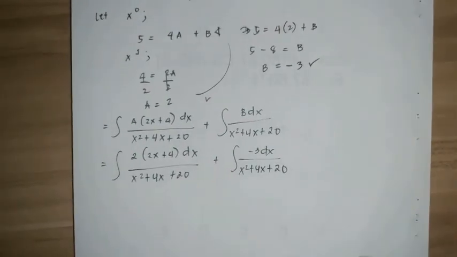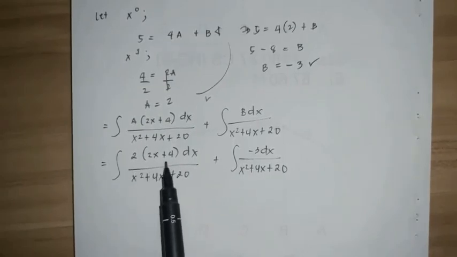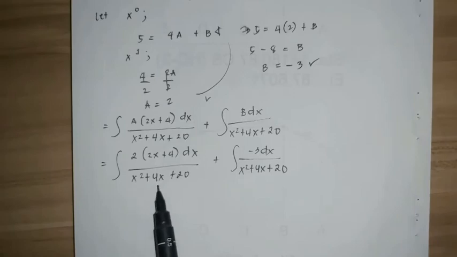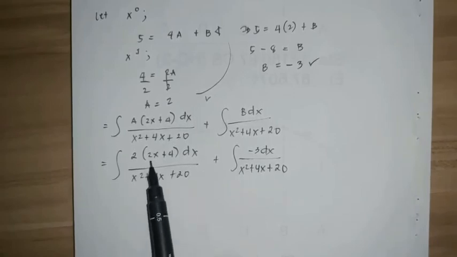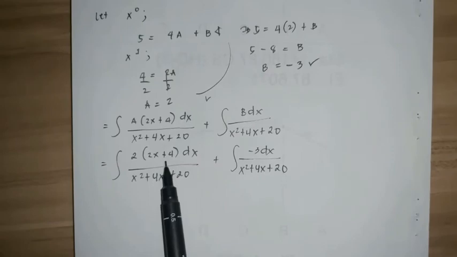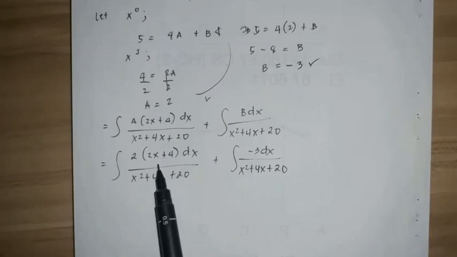With A equal to 2 and B equal to negative 3, we have 2 times (2x + 4) dx over x squared plus 4x plus 20, plus negative 3 dx over x squared plus 4x plus 20. In the first term, if you let the denominator be your u, you will get 2x plus 4 dx, so we can make use of u substitution.